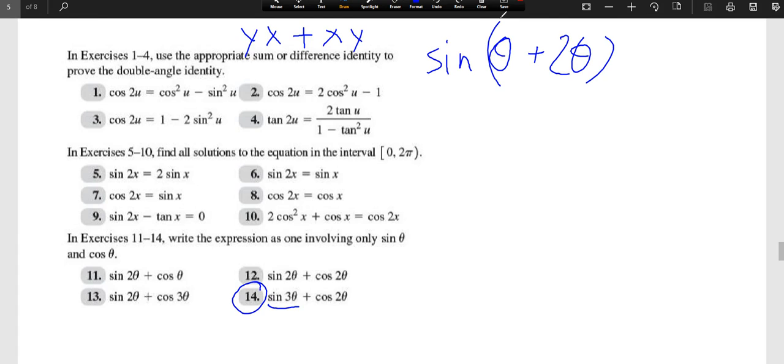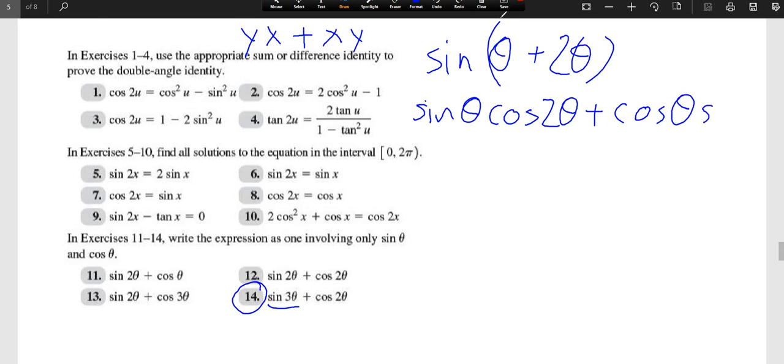So y of the first angle times x of the second angle plus x of the first angle times y of the second angle. And then, what do we got?